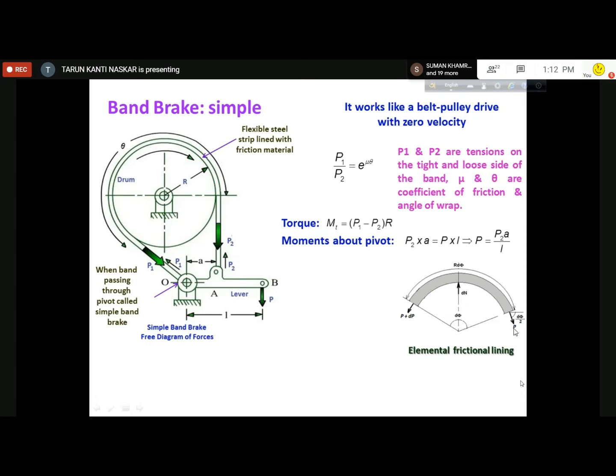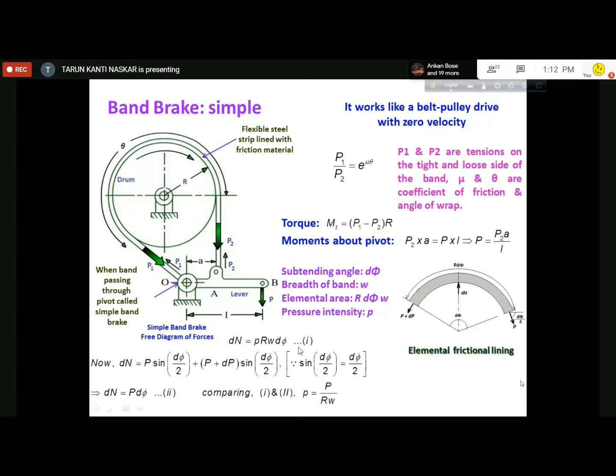This is p, this is p plus dp, and this is d phi. So this is R d phi, and this angle is d phi by 2. So subtending angle d phi, breadth W, the elemental area is R d phi W, and the pressure intensity is small p.